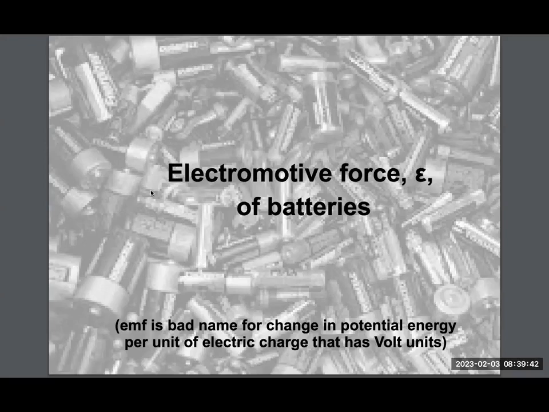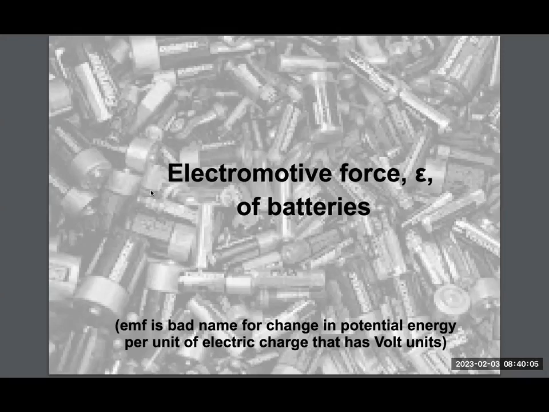So inside the battery, the electrons are moved from the positive terminal of the battery to the negative terminal of the battery. And they're moved from the positive to the negative terminal by the chemical reactions that are occurring in the battery. And that's what we think of as the electromotive force.